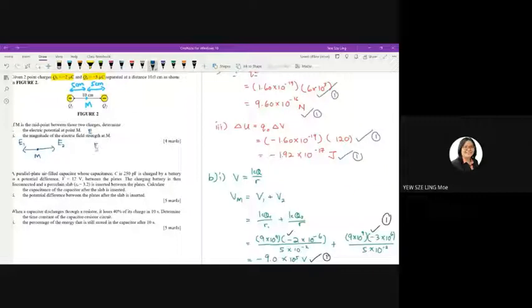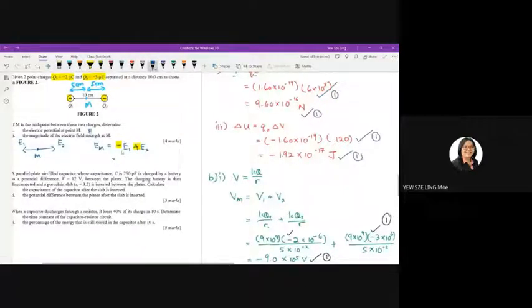So electric field at point M, because it is a vector, you need to take into consideration the direction. E1 going to the left, so negative E1. E2 going to the right, plus E2. Negative because it's going to the left, and positive because it's going to the right.